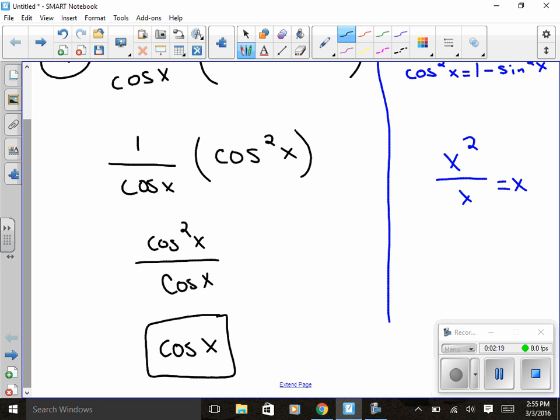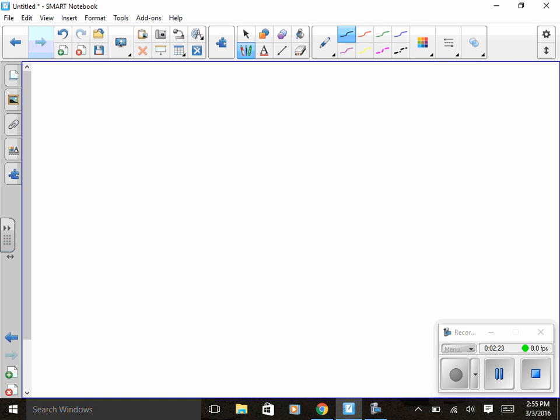Sometimes you can simplify by factoring. So let's say that I have cosine x tangent x minus sine x cosine squared of x.